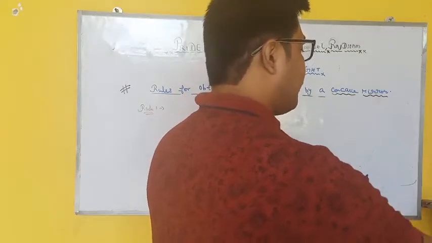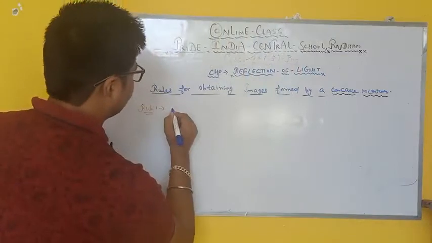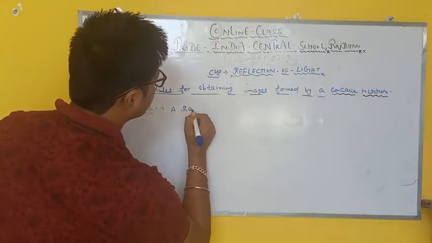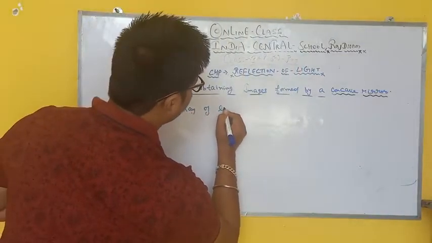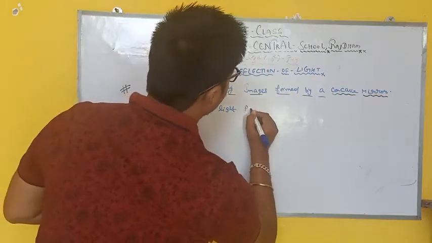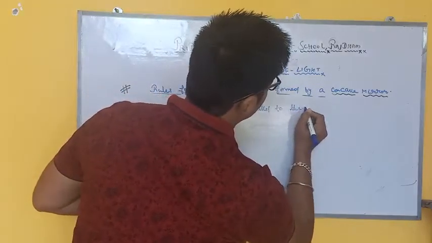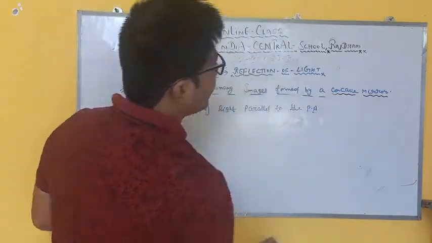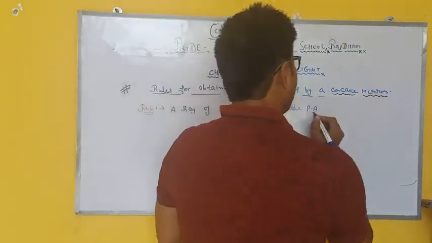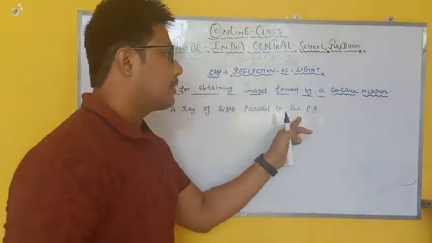A ray of light parallel to the principal axis. Parallel to the principal axis. PA is short for principal axis.